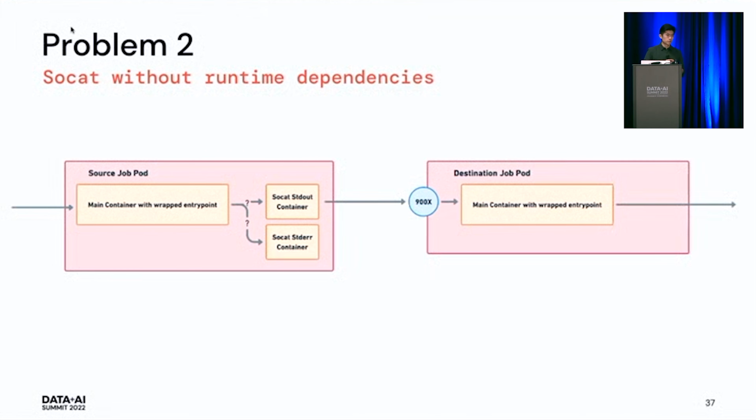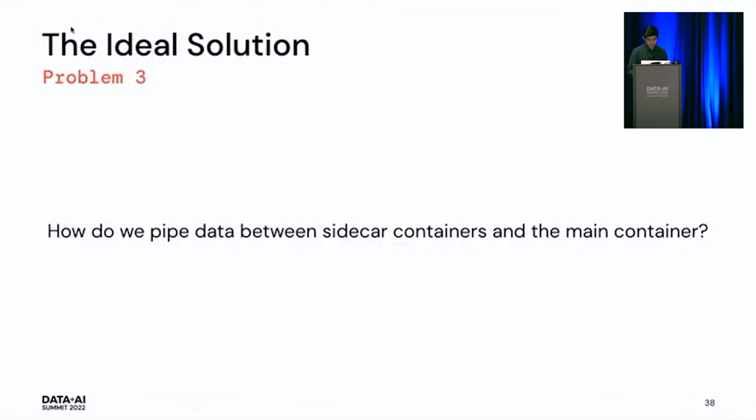And then the sidecar container does the same thing that we just talked about in problem one. Wraps it in TCP, pushes it to the right side. You will notice question marks in my diagram, because now we have a third problem, which is, how do we pipe data between the sidecar containers and the main container?